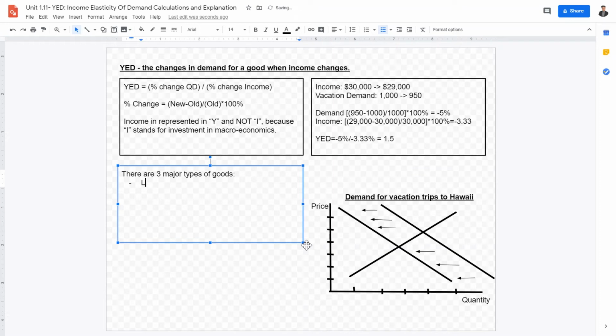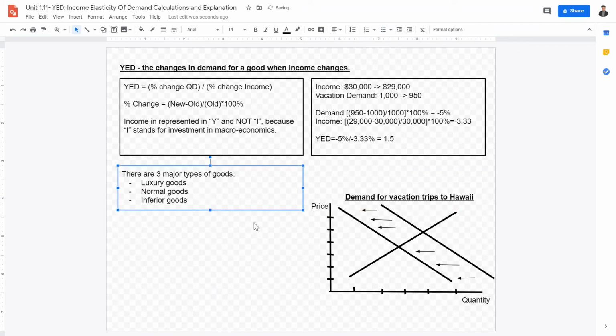We have of course the luxury goods, the normal goods, and the inferior goods. So these are the 3 types of goods that we have in the marketplace: luxury goods, normal goods, and inferior goods. So the demand for luxury goods increases as price increases. Okay.